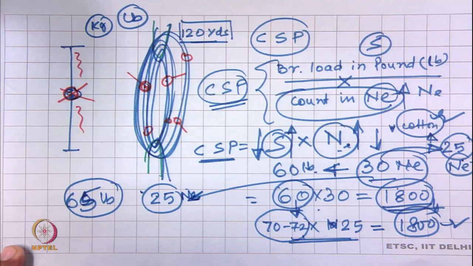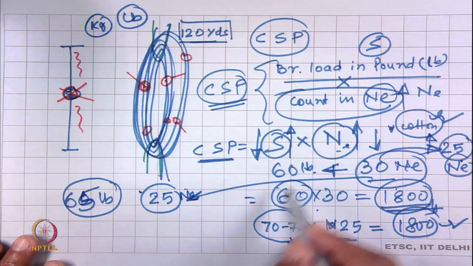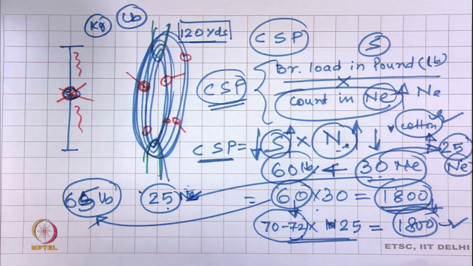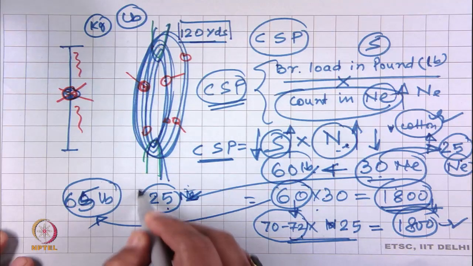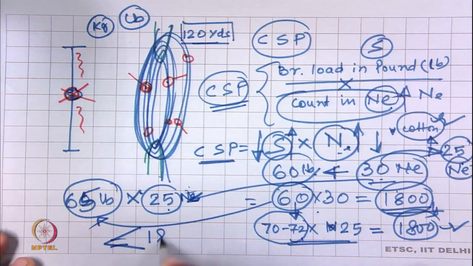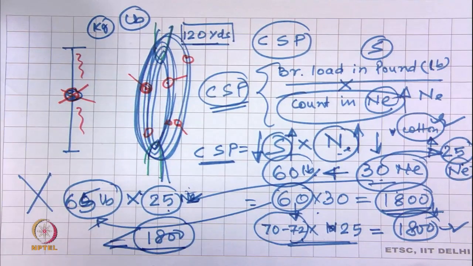I would like to know whether this 65 pound is perfect or not, because earlier it was 60 pound, now it has increased, we have made it coarser from 30 to 25, and from 60 it has become 65. Should I be happy with that? If we multiply these two, we will definitely get a value much less than 1800, which means something is wrong with this yarn.